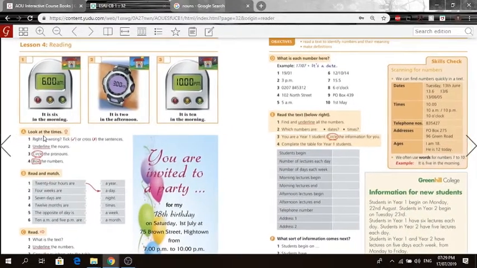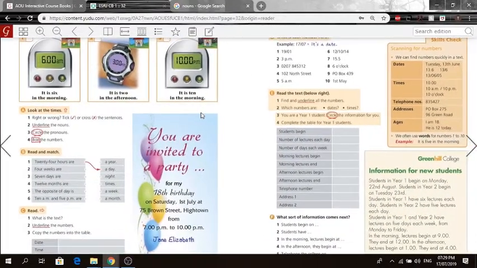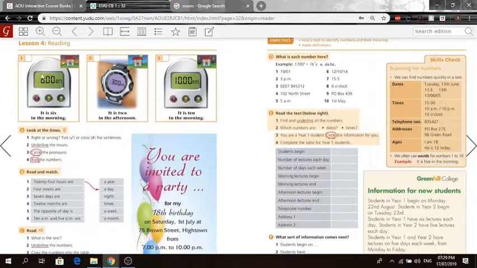Let's just get right into it. Exercise A here. Look at the times here. We have 6 a.m., 3 p.m., and 10 p.m., okay? Tick if it's a right sentence, or cross if it's a wrong sentence.